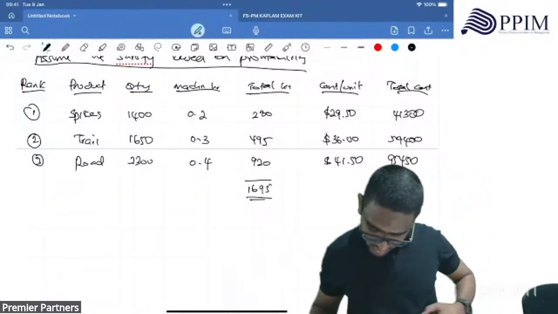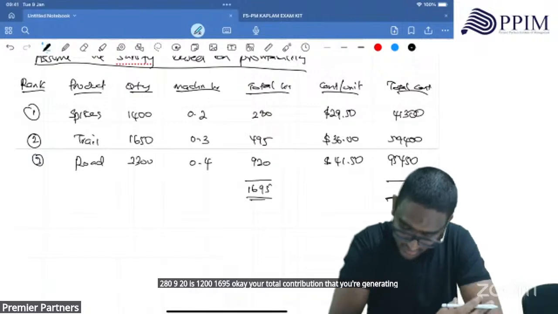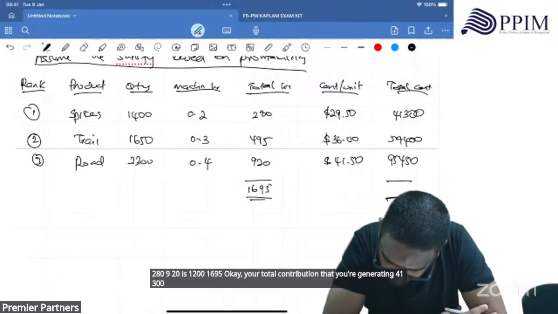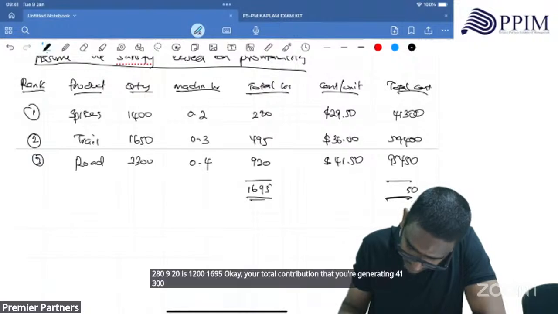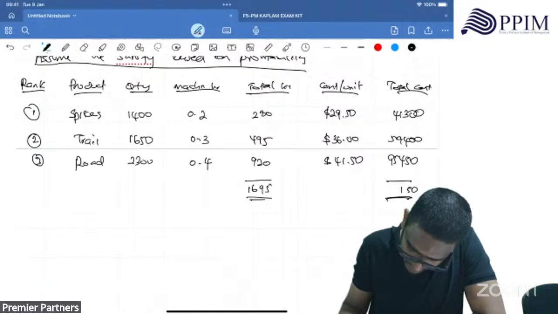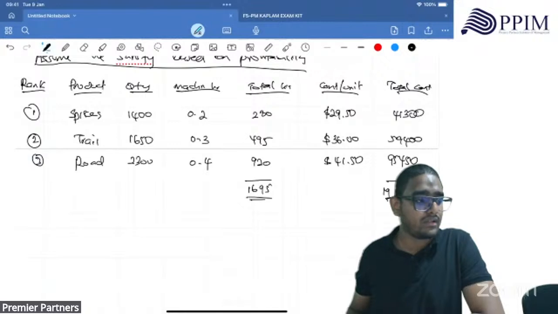Okay, your total contribution that you're generating, 41,300, 196,150.